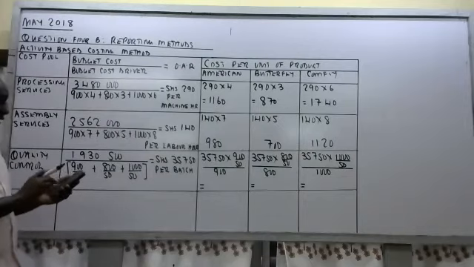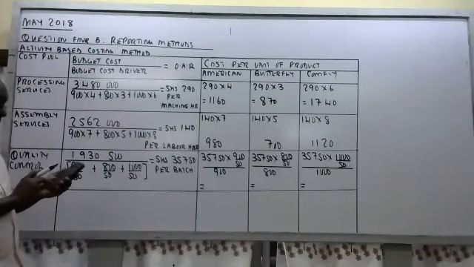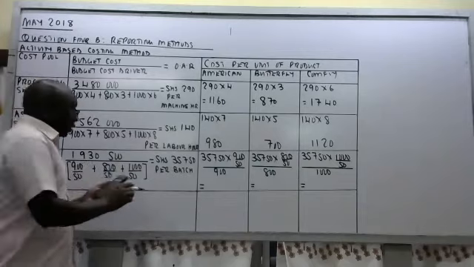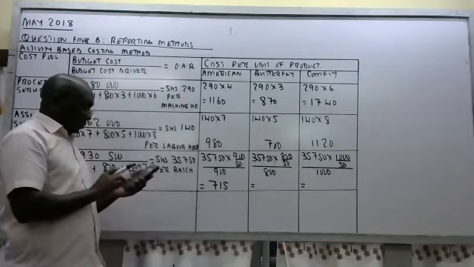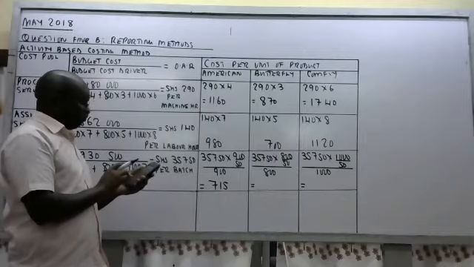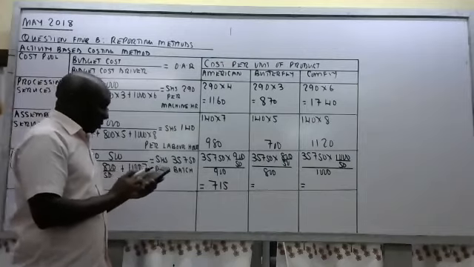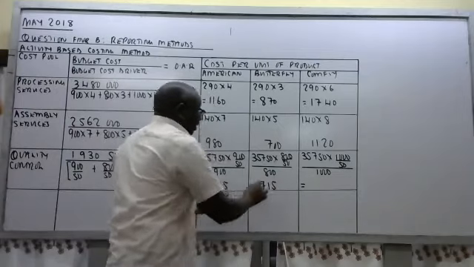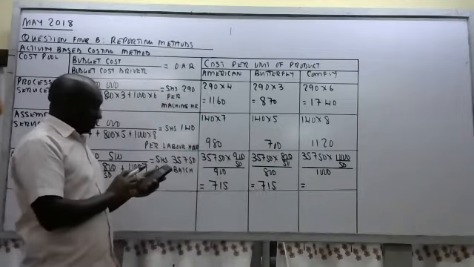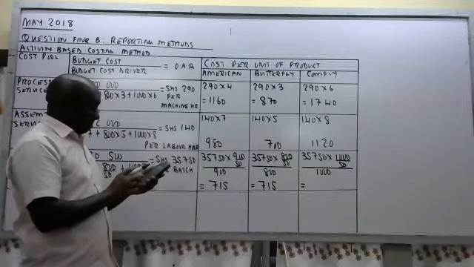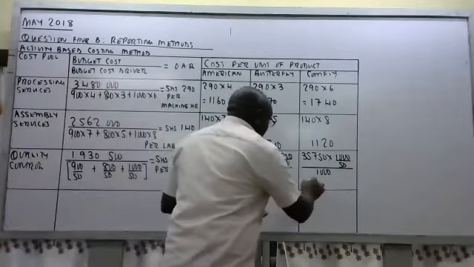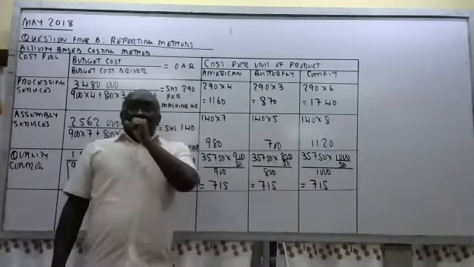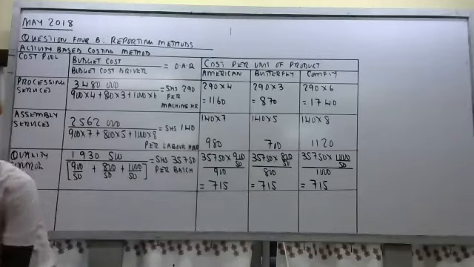So let's start getting the answers. This one I'm getting 715, and I'm also getting 715 for the others.